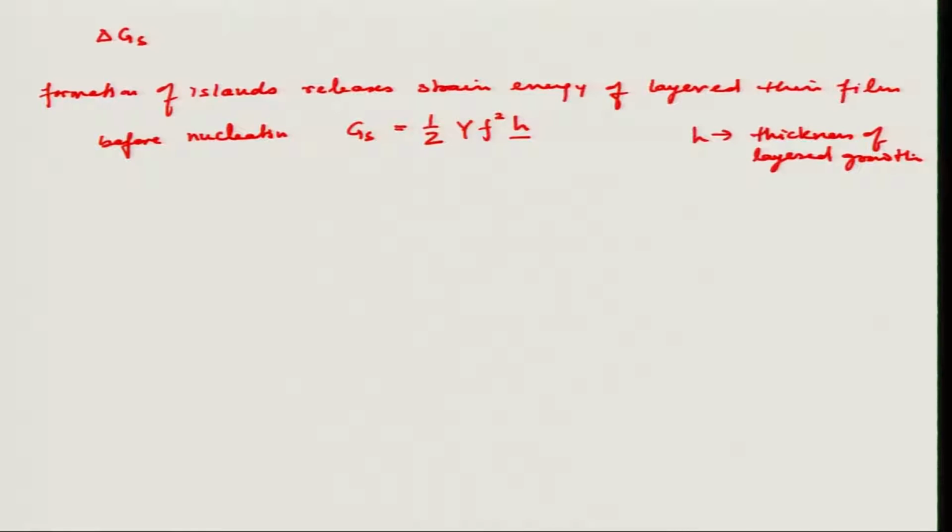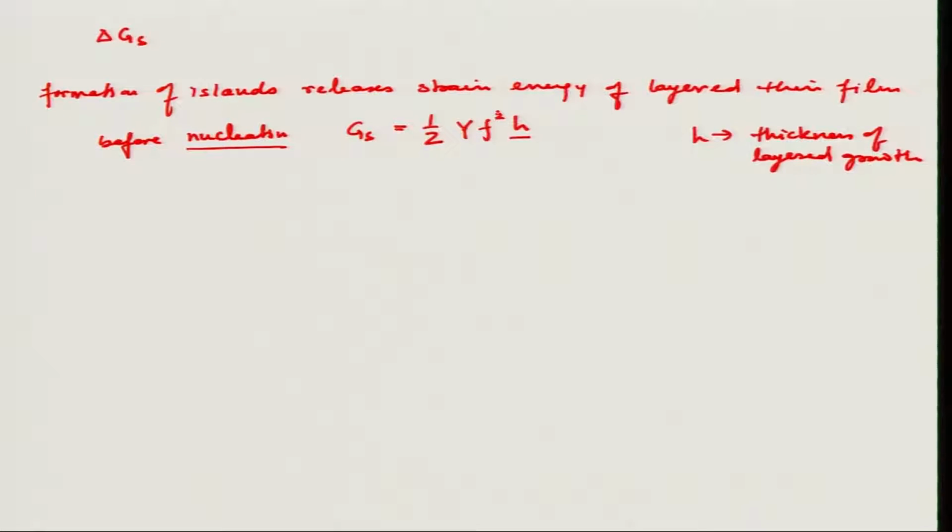So, before nucleation of islands, all the strain due to mismatch was present in the film of thickness h. After nucleation, or island formation, let me not write nucleation, so before island formation and after island formation.